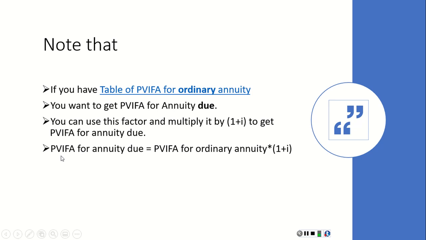So the present value interest factor for annuity due equals the present value interest factor for ordinary annuity times 1 plus I.